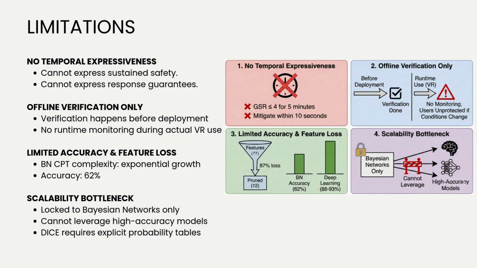Second, offline only. So no monitoring during an actual VR session, so ultimately the users are not protected. Third, limited accuracy. Since we prune 87% of features and achieve only 62% accuracy, because Bayesian network complexity is exponential.